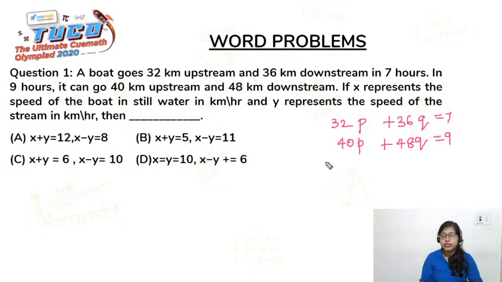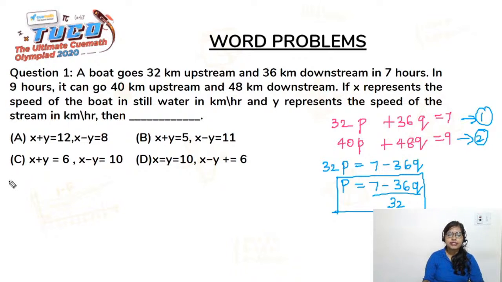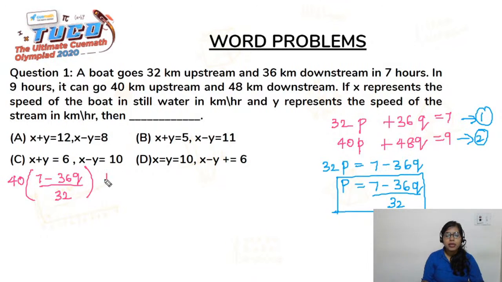Alright. So from the first equation, I could say that 32p is equal to 7 minus 36q. And from here, p is going to give me 7 minus 36q over 32. Okay. And I'm going to substitute this value of p in our second equation in place of p. So now when we substitute this, we get 40 times 7 minus 36q over 32 plus 48q, which is going to give us a 9.